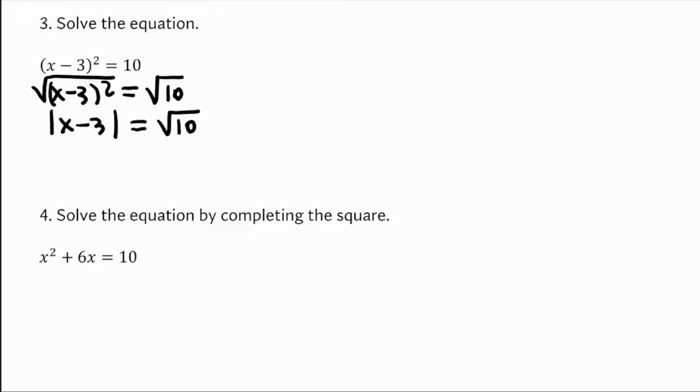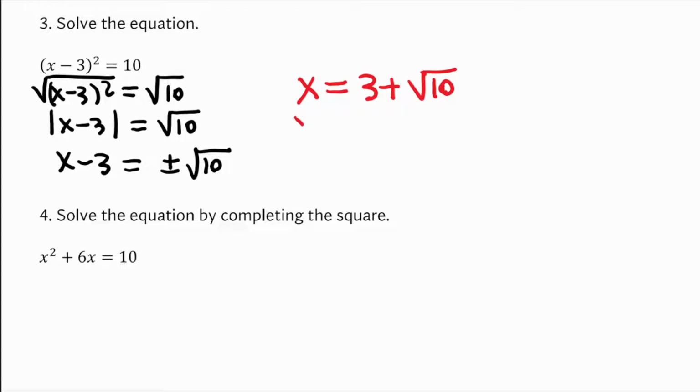And if the absolute value of something is the square root of 10, then that thing is either going to be square root of 10 or negative square root of 10. Okay. And then I'm going to add 3 to both sides to get both of my solutions, and that would be x equals 3 plus square root 10, and x equals 3 minus square root 10.